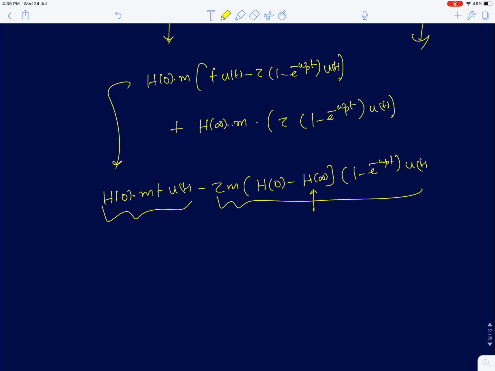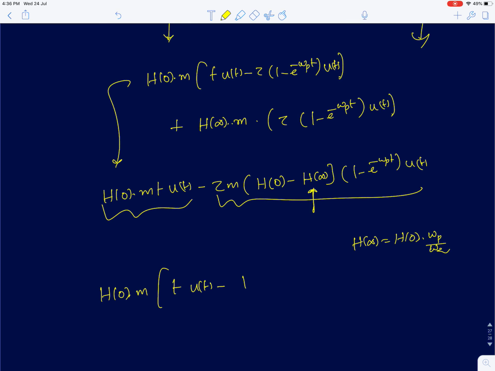You had no h of infinity in the previous expression which we derived a few moments ago for a first order low pass filter, but here there is an additional term h infinity. Now h infinity is nothing but h of 0 into omega p by omega z. So if I write it in that form, and take m into h of 0 common out, I'll be left with h of 0 into m into t into u of t minus 1 minus omega p by omega z into tau into 1 minus e power minus omega pt into u of t.